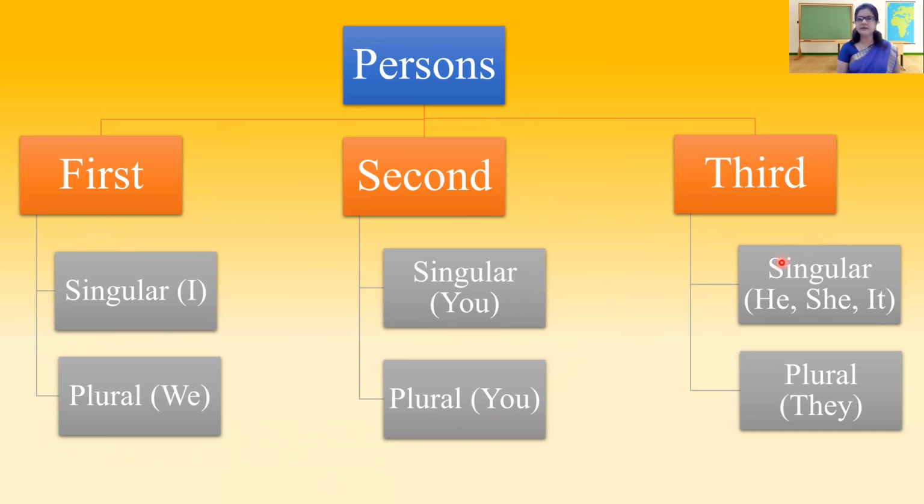Third person singular: he, she, it. He means Raju, she means Rani, it means any animal, like an elephant. Plural: they. He is going to the market. She is going to the market. They are going to the market.